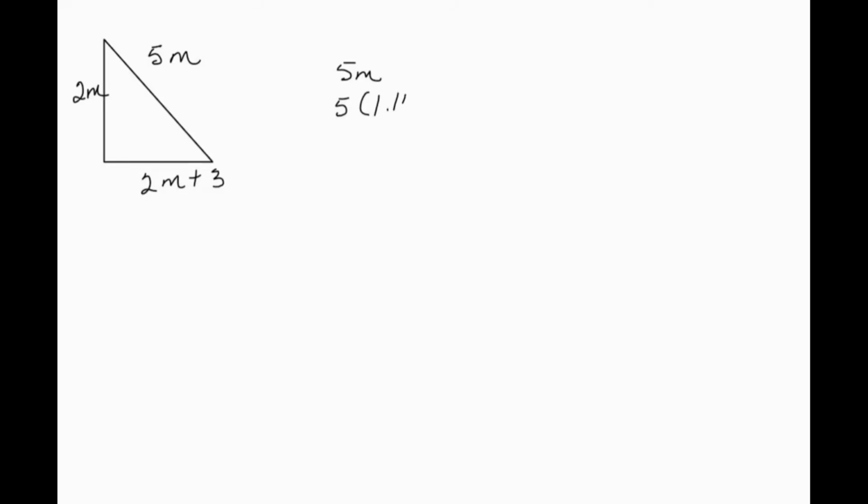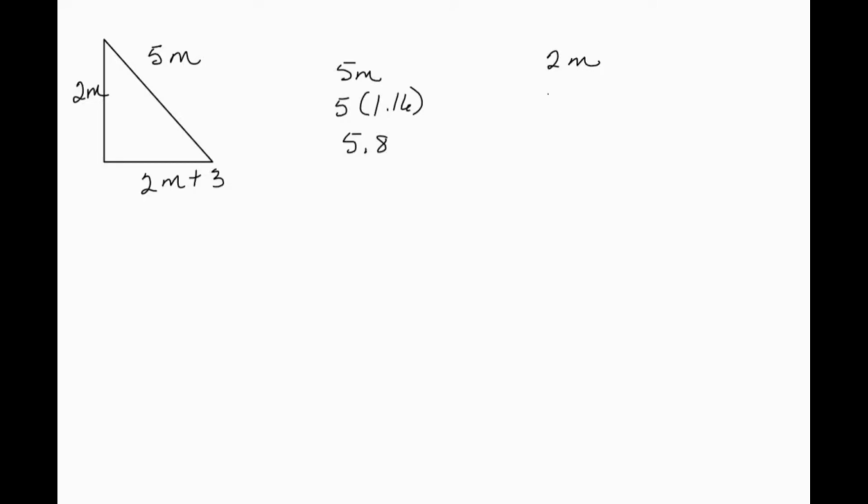Okay. So let me sketch this out again just real quick here so I don't have to keep scrolling up and down. This is 2m plus 3. And m was 1.16. So the side that's 5m is going to be 5 times 1.16, and that's about 5.8. I'm going to round to 1 decimal point.